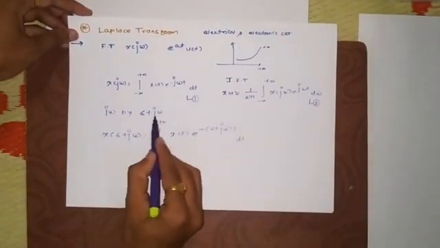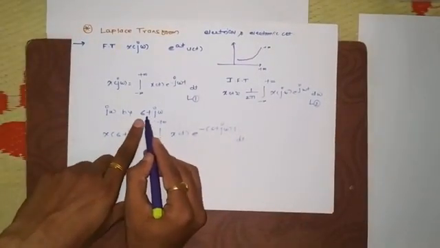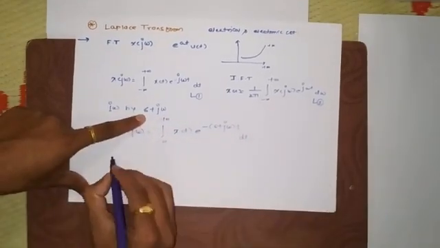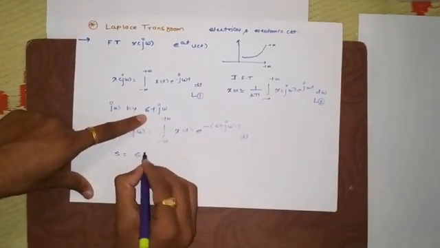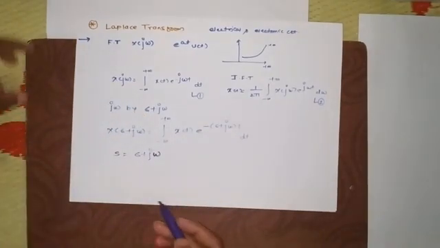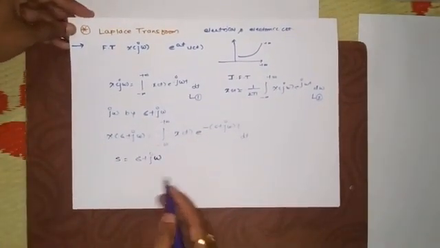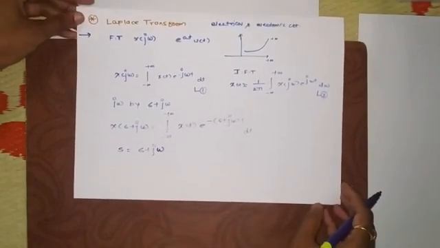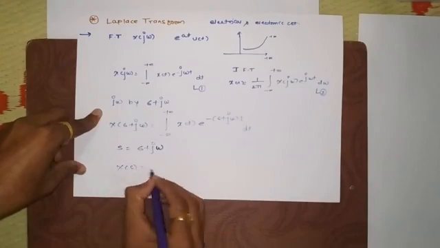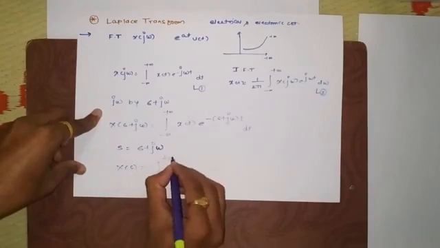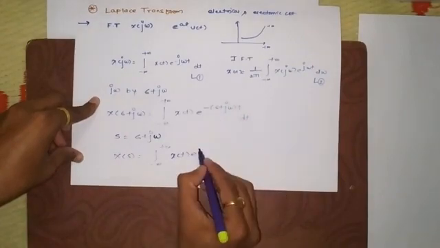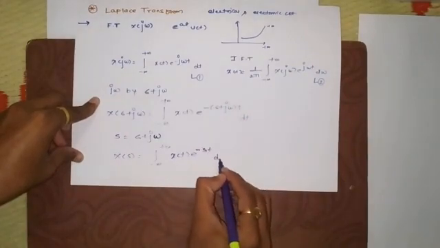Now this j omega is replaced by sigma plus j omega. If you see it as a real part as well as an imaginary part, we can write this as the S plane, where S is equal to sigma plus j omega. So it combines both the terms, and it is also known as complex frequency. Now if I replace this value, we'll get the equation X of s equals integration x of t into e raised to minus st into dt.